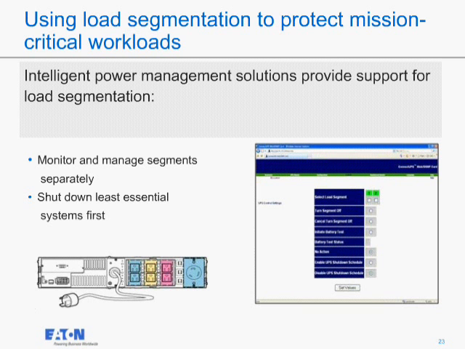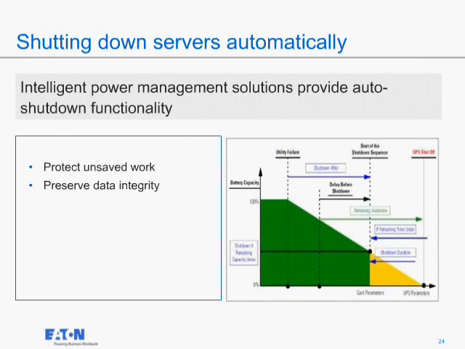Today's intelligent power management solutions will do that, and during the shutdown process they do it gracefully, shutting down applications, flushing out your caches, and shutting down operating systems as a final step to preserving your data integrity.